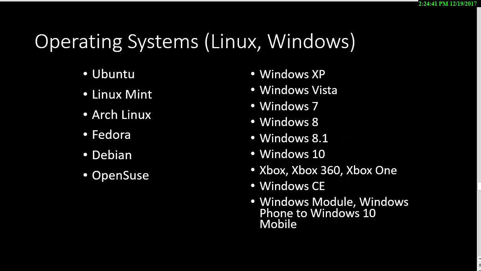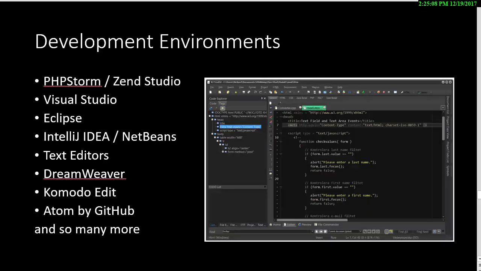In terms of operating systems, you have many choices out there. Again, they will each have an impact on other aspects. For example, what you develop with, what web server you use. In terms of development environments, there are so many of these around. For example, PhpStorm or Zend Studio for PHP. Visual Studio is popular for C#. Eclipse is for multi-platform development, but predominantly used for Java.